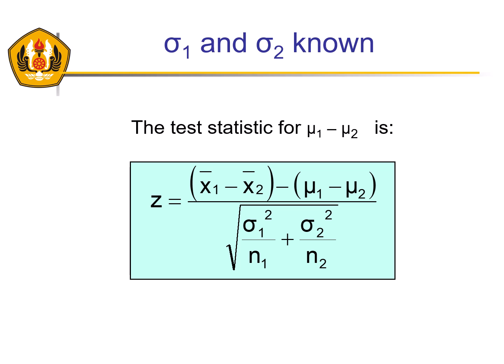The x bars come from the sample information, and the sigmas come from the information given in the text, while mu1 minus mu2 is the value that we are going to test.